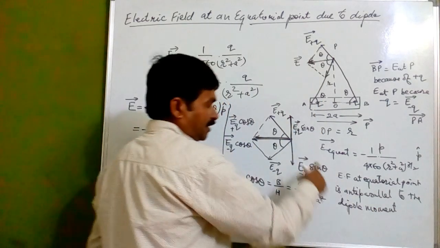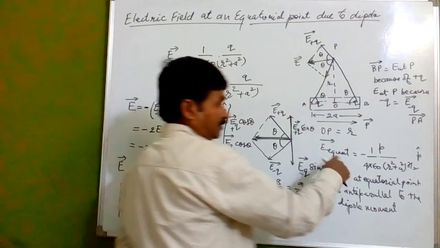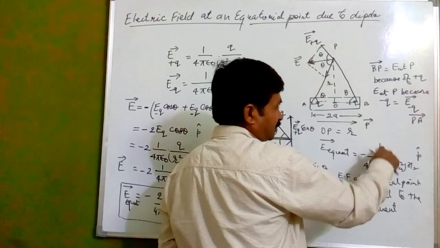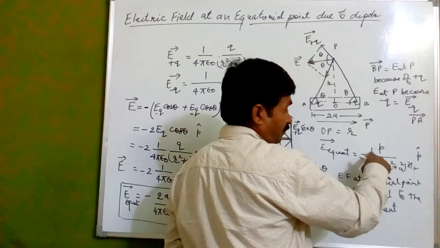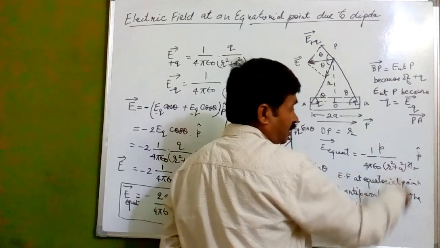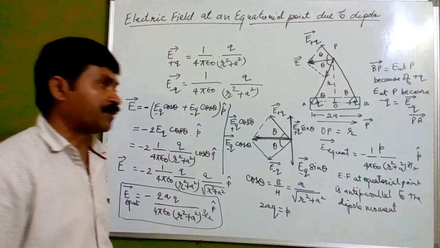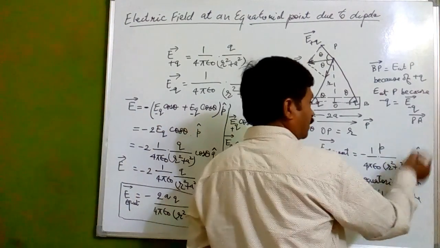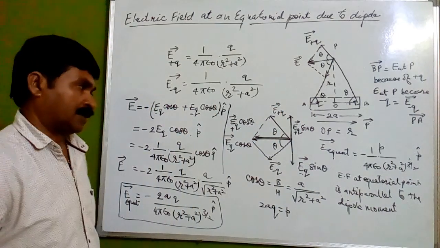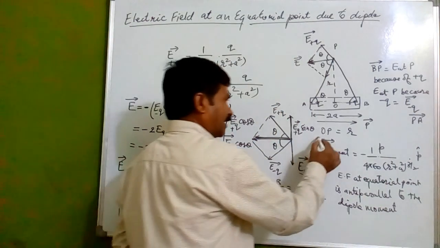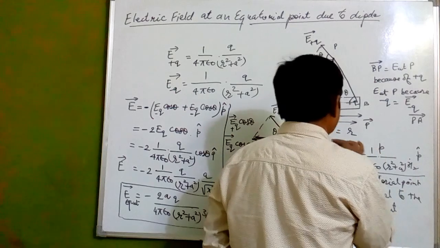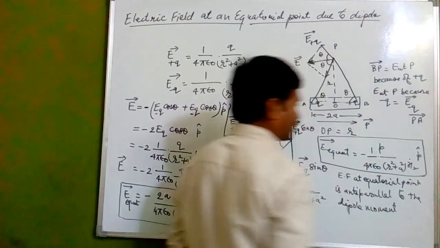So mathematically, the magnitude we are getting here is E equatorial equals 1 upon 4 pi epsilon naught into P upon r square plus a square whole to the power 3 by 2. This is the final expression.